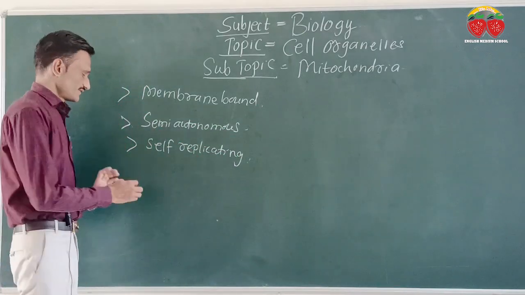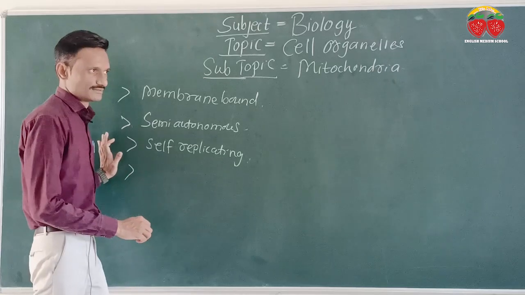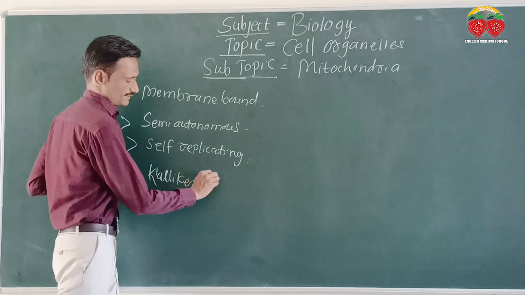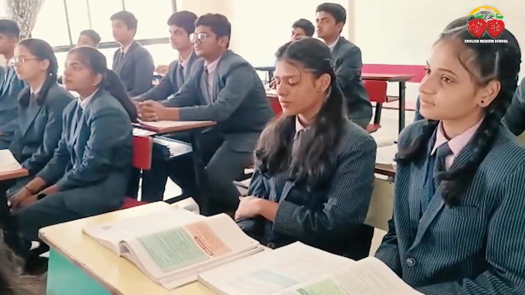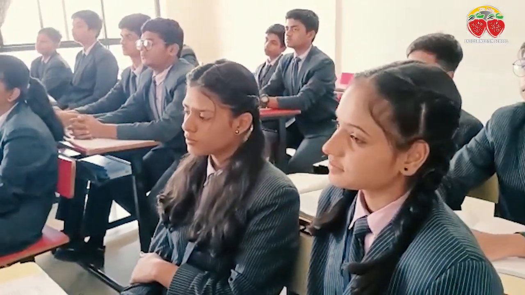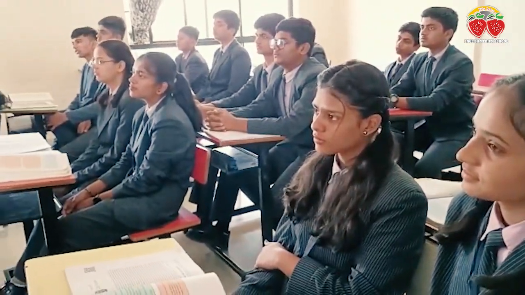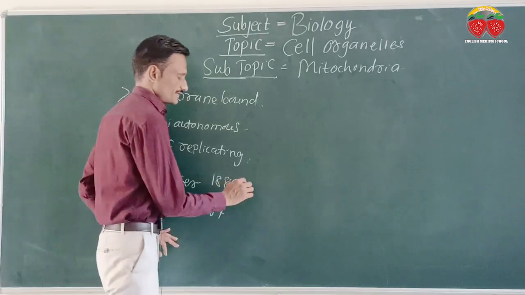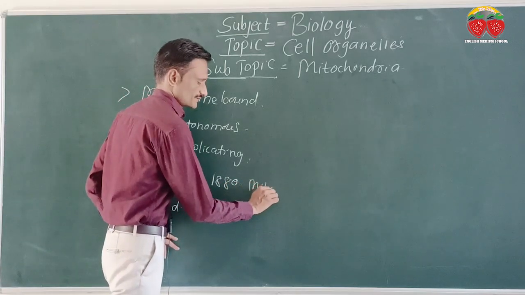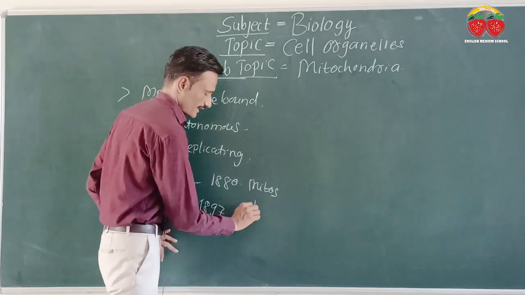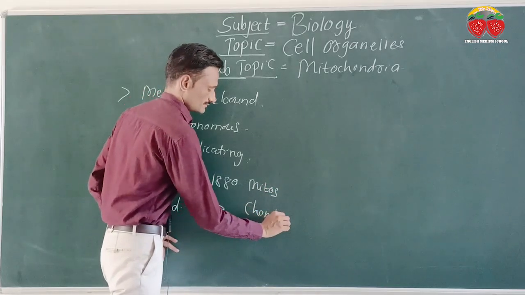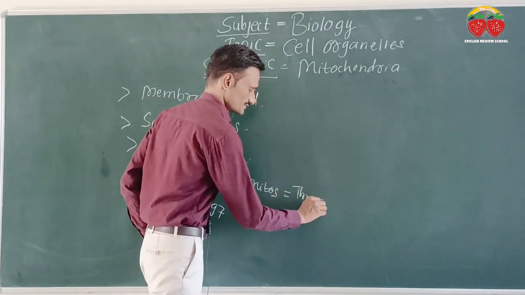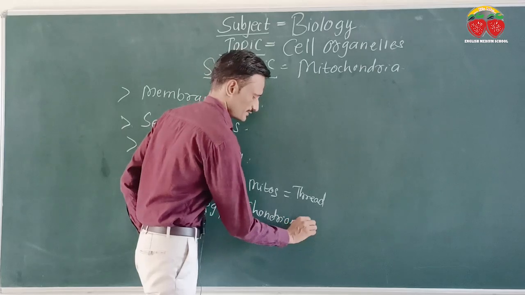This mitochondria was first seen by Kölliker in the year 1880, and Benda gave the name mitochondria in 1897 for the first time. The word mitochondria is derived from two different words, mitos and chondrion. Mitos means thread-like structure and chondrion means granule.